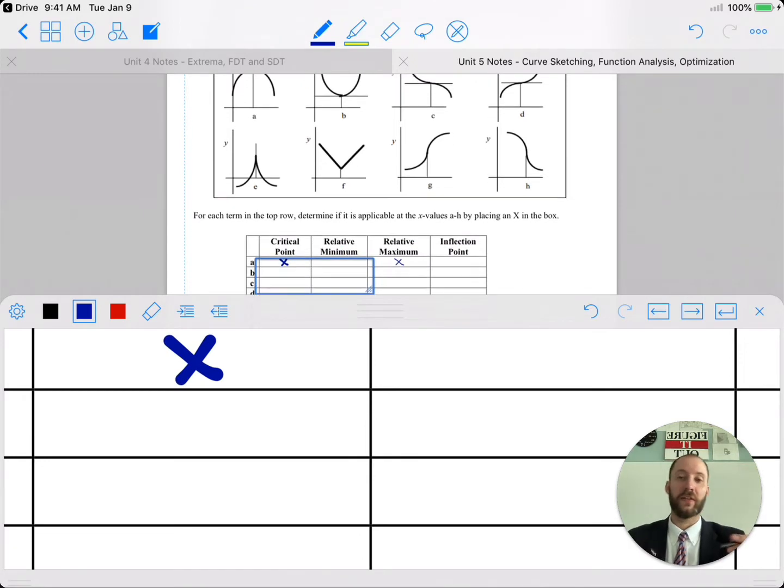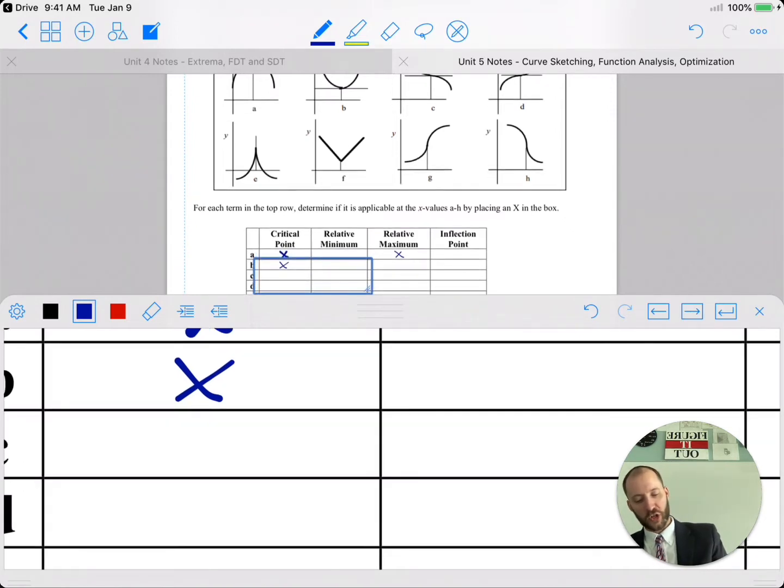Graph B is a critical point where the derivative equals 0 at that point, smooth curve, and there's a turning point from decreasing to increasing behavior. So critical point. And looking at all these, I think we can say these are all critical points. They all have a derivative that equals 0 or a derivative that's undefined, either due to a vertical tangent line or a sharp corner.